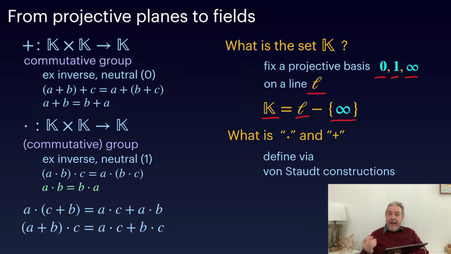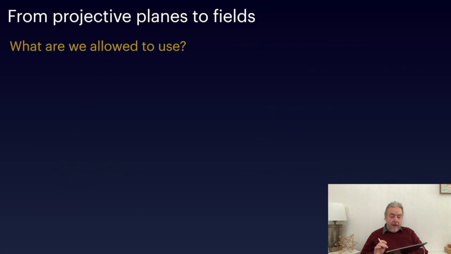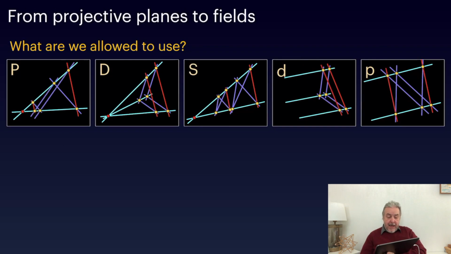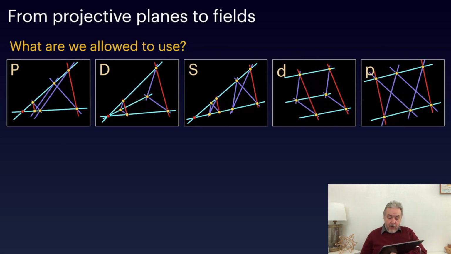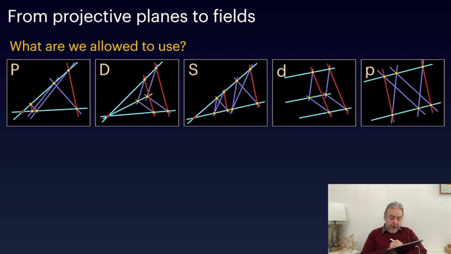So what will we be able to use as tools for our proof? So I said we are only allowed to use the 3 axioms of projective geometry and Pappus theorem or Desargues theorem, and you remember that I showed you some useful incidence theorems, and here in that picture I ordered them in their order of strength.